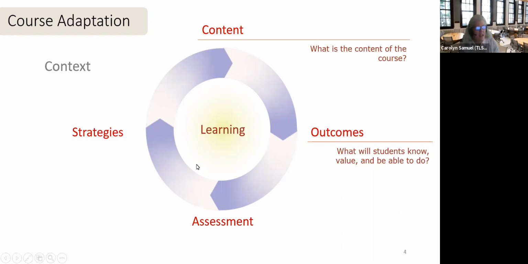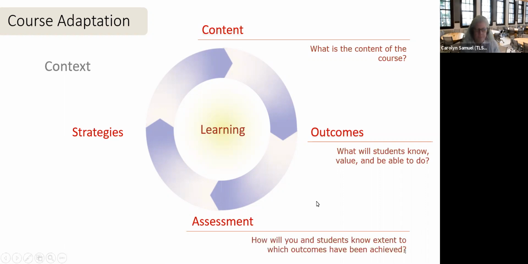And then everything you design after, the assessments that you choose, should be designed for students to demonstrate what they know or value or are able to do after taking your course. And the strategies, what engagement and interaction activities will support learning, should help students achieve the assessments and the outcomes. So to do well on the assessments and achieve those learning outcomes.